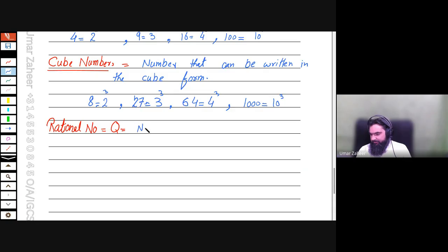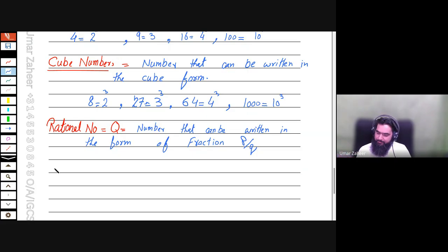Yes, the numbers that can be written in the form of a fraction, like p over q. So all of these numbers are known as rational numbers and they are infinite.